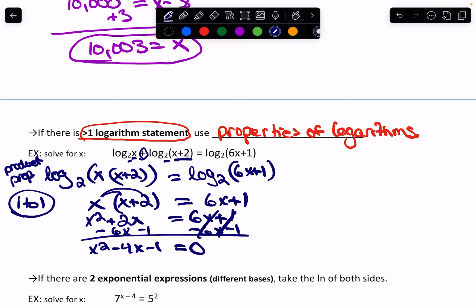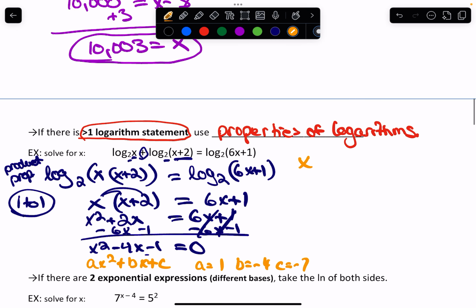Now, we need to factor this. We're not going to be able to actually factor. We're going to have to use the quadratic formula here. So ax squared plus bx plus c. Our a is 1, b is negative 4, and c is negative 1.